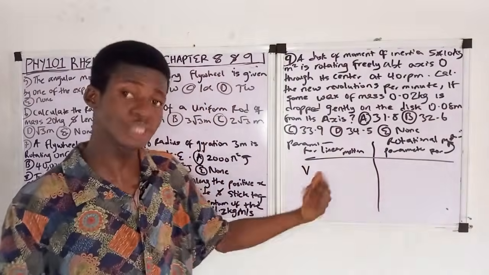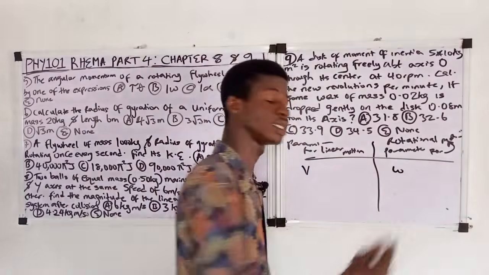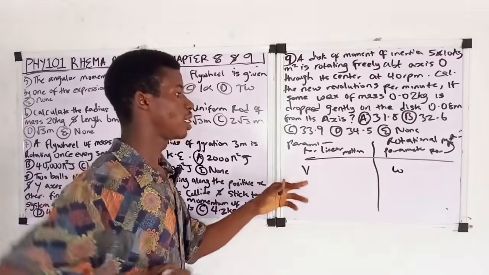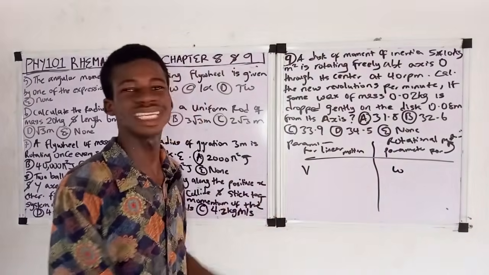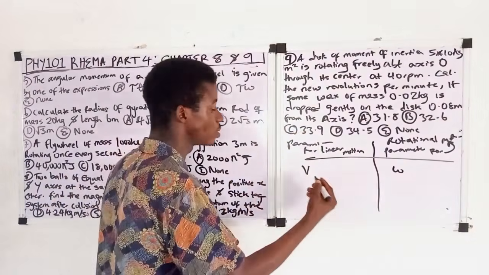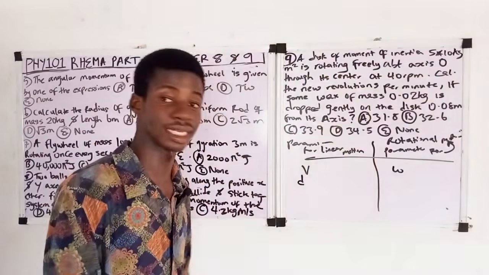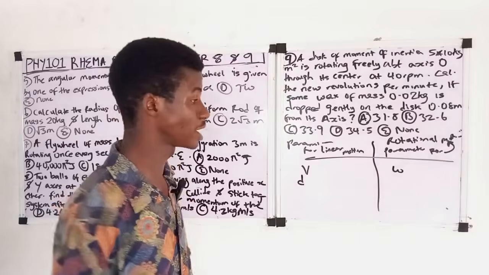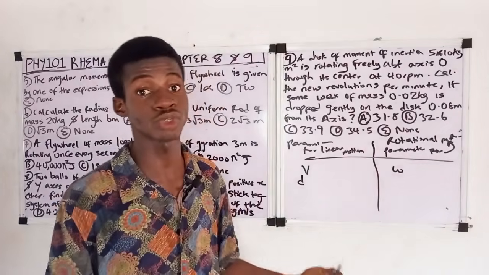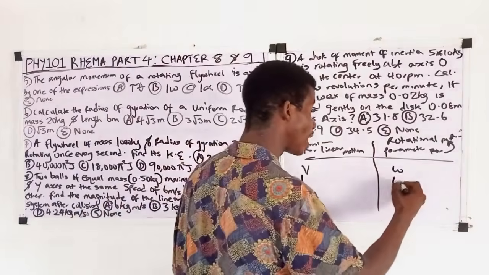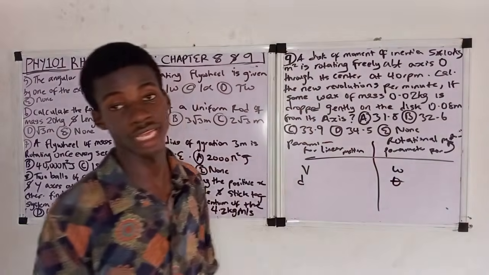But in rotational motion, it is known as angular velocity, right? In linear motion, distance or displacement is d, but in rotational motion, it is called angular displacement or angular distance.